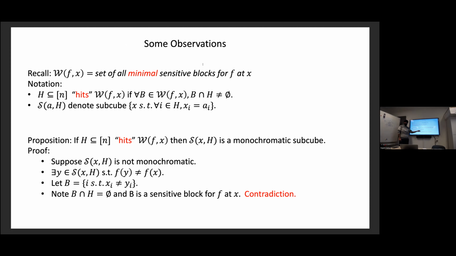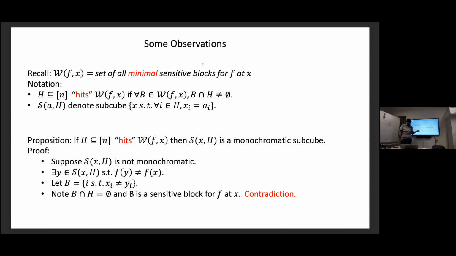Because if it's not monochromatic, then there exists some other input y with a different label, and x and y will differ in a set of bits which is not hit by your hitting set, and that is a sensitive block. So it must have been hit by your hitting set. So it cannot happen. This subcube defined using the hitting set will be monochromatic.